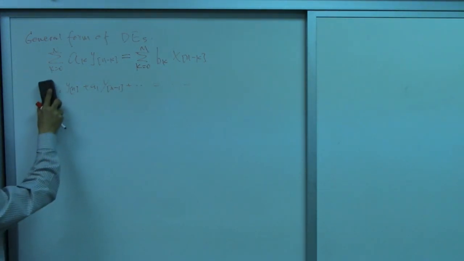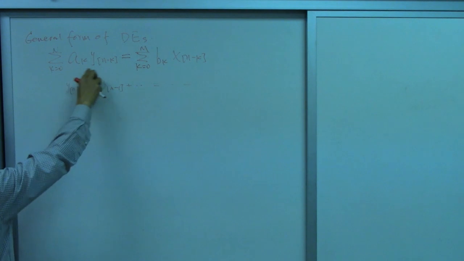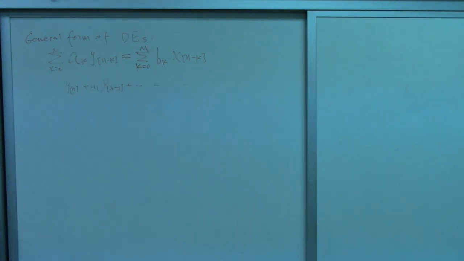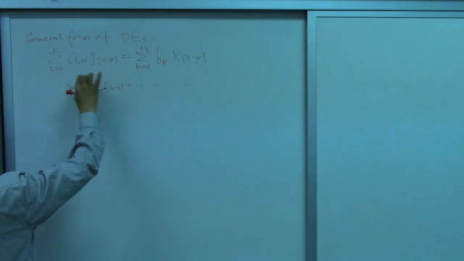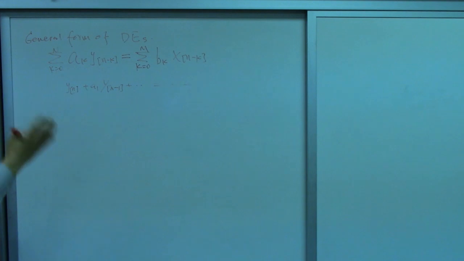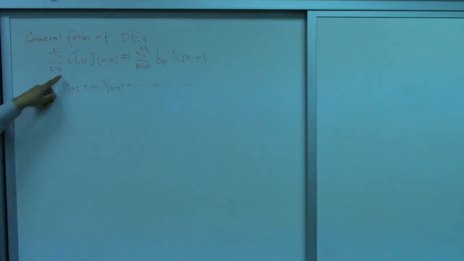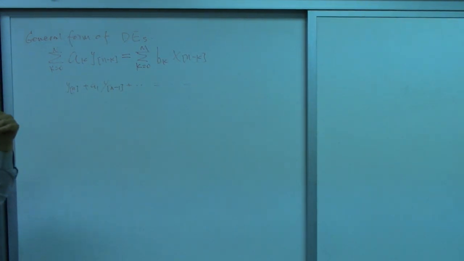That means we always have the term yn only. Then we write here a0 equals 1. All others are just constants, no matter what we have. Does it make sense? So in the general form, we make a0 equal to 1, and all others are just constants. If in real life this one is not equal to 1, you just divide by that number, so you scale this to 1.